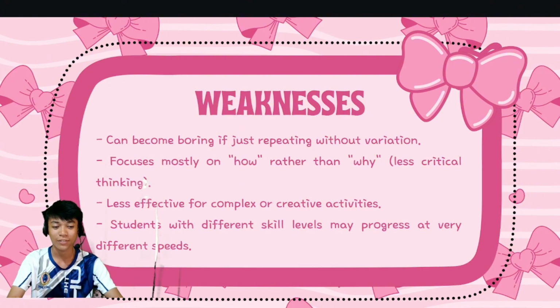So, next is focus mostly on how rather than why. Less critical thinking. Yes, it focuses on how because in task teaching practice style, the students' goal is how to properly execute or perform the skills.